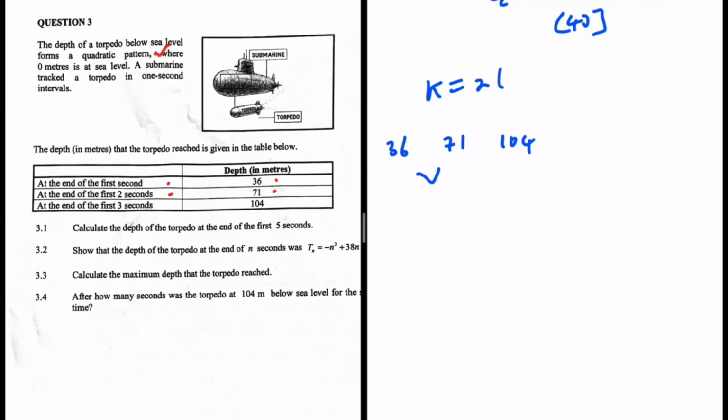So obviously, we are going to find the difference. 71 minus 36 is 35. 104 minus 71 is 33. Okay, the second difference is minus 2. So 33 minus 2, that is 31. 104 plus 31 is 135. And then minus 2, this is 29.